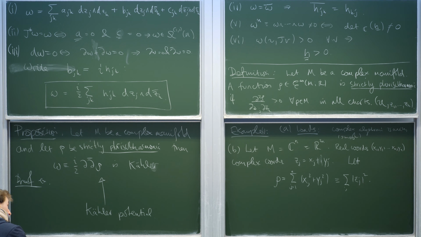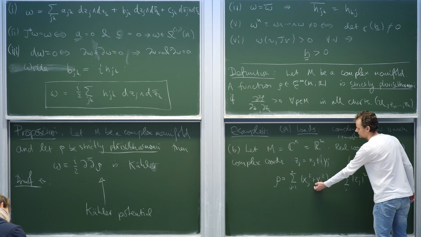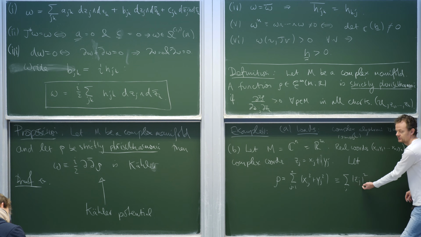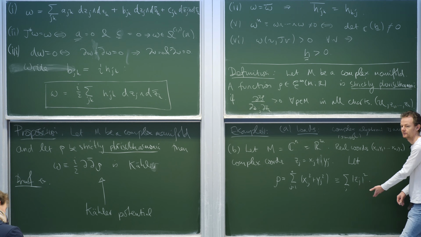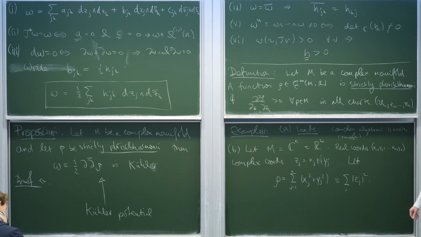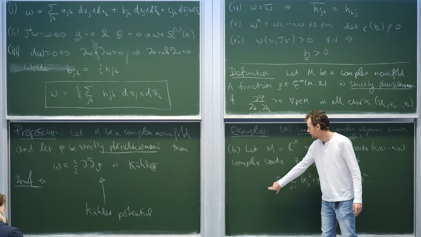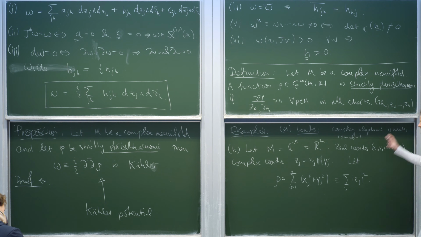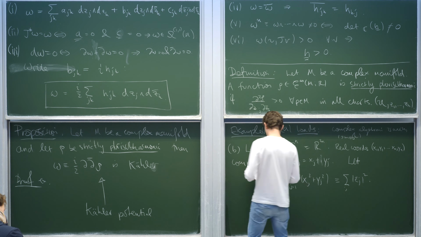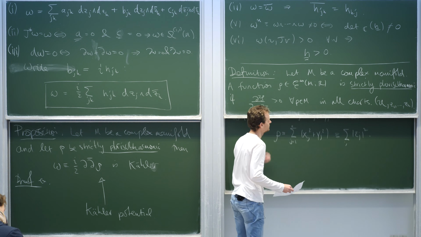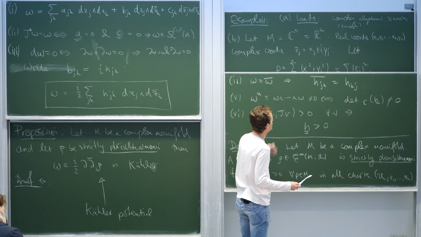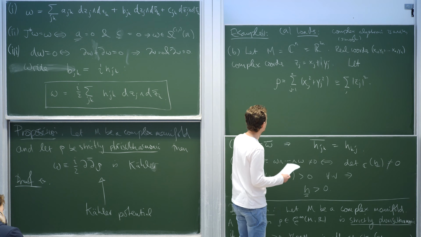So let rho be this function here, real part squared plus imaginary part squared, otherwise known as the sum of the absolute values squared, or just the norm of the vector of complex numbers. Is this strictly pluri-subharmonic? Well, if you take the second derivative of rho with respect to dz dz bar, what do you get? We get the identity matrix, right? That's the world's simplest positive operator. And indeed, if you now use rho to write out delta delta bar of rho, let's see what we get.